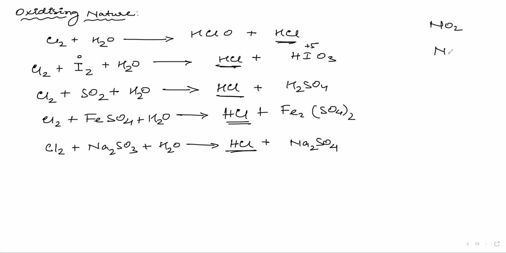If not, then it will be either N2O or NO. So some of the products will be similar in all oxidizing agents. Here in chlorine, if you are oxidizing, you are getting HCl in each of the cases. Done.